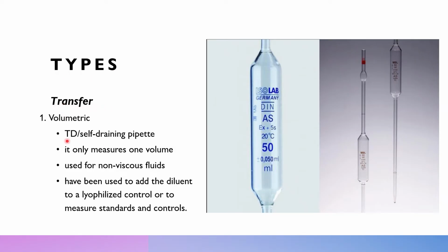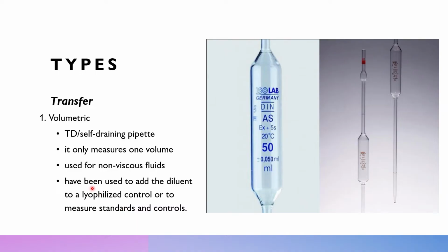Its design is to deliver, while its draining characteristic is self-draining. So a volumetric pipette is a transfer pipette that is a to deliver type of pipette and at the same time has a self-draining characteristic. It only measures one volume, so if it says 50 ml, then it can only dispense 50 ml.